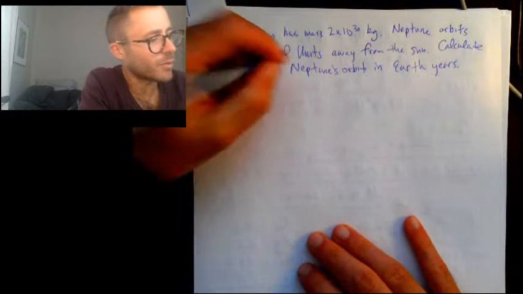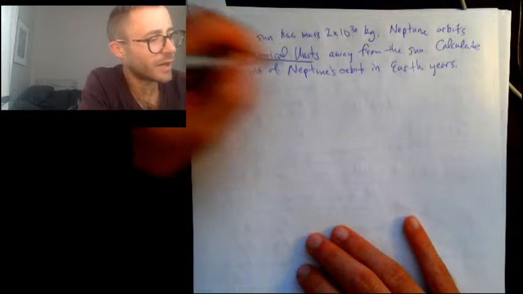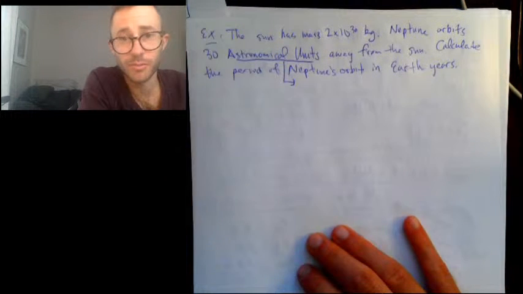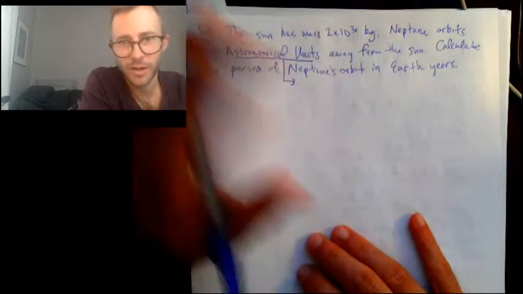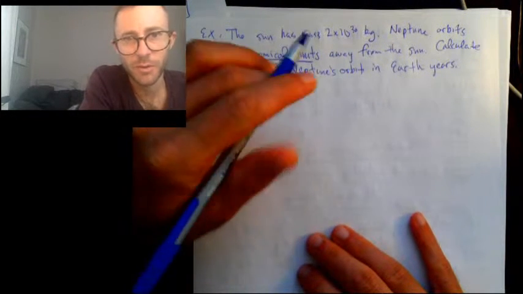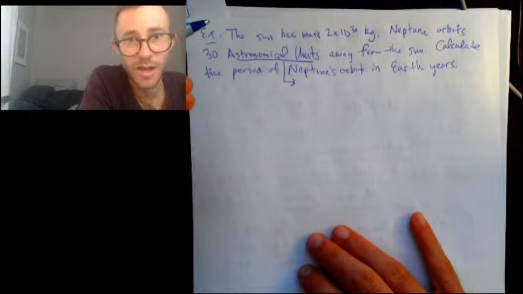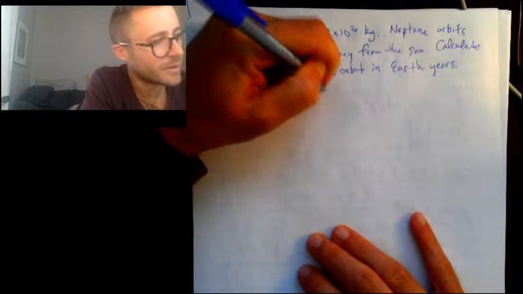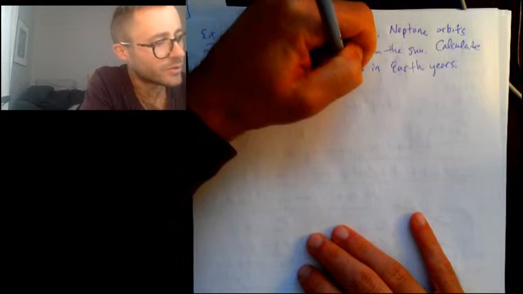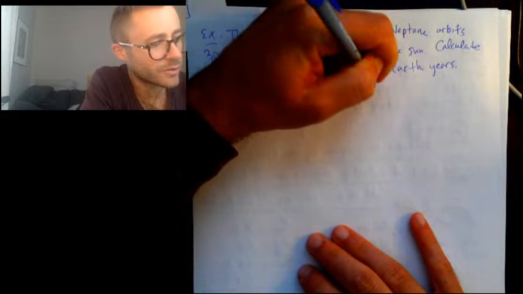So, first of all, what is an astronomical unit? An astronomical unit is typically abbreviated by AU, so from now on I'll just say AU, okay? Now, 1 AU is equal to the sun to Earth distance.